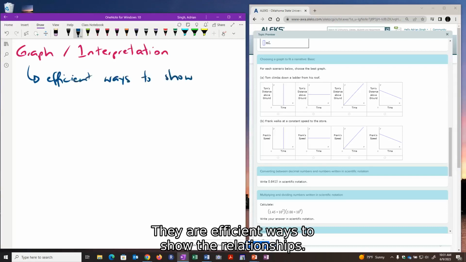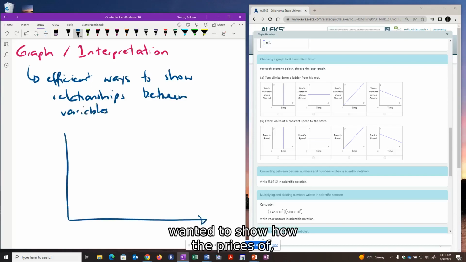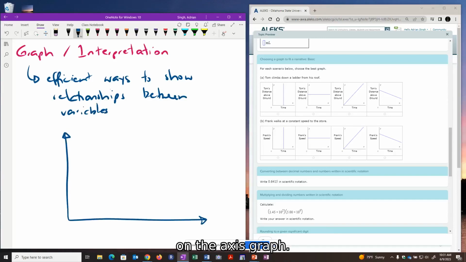So when we look at graphs, they are efficient ways to show the relationships. So for example, if we wanted to show how the prices of, let's say, homes have changed over the course of time, on the x-axis on our graph, so we have two axes, an x and a y.